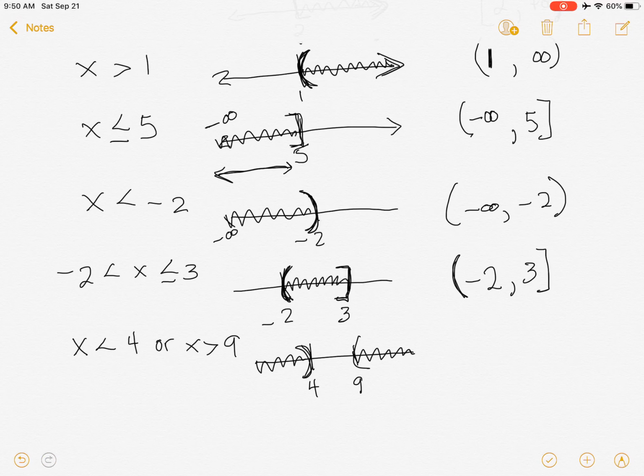Alright, so the way that that's read when you do interval notation, starting from left to right, it starts at negative infinity and it goes to 4, infinity parenthesis, 4 parenthesis. Then we skip some space. So we're actually putting 2 pieces of a graph together, and the way we do that mathematically is the symbol union. Alright, then we pick up again at 9 and we go to infinity.